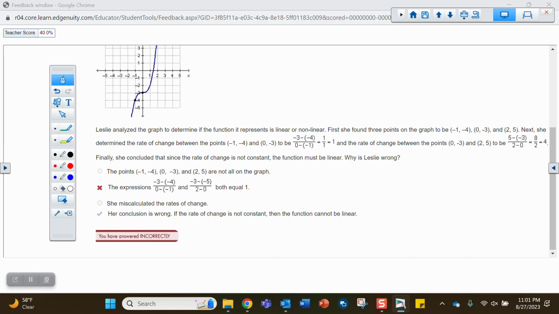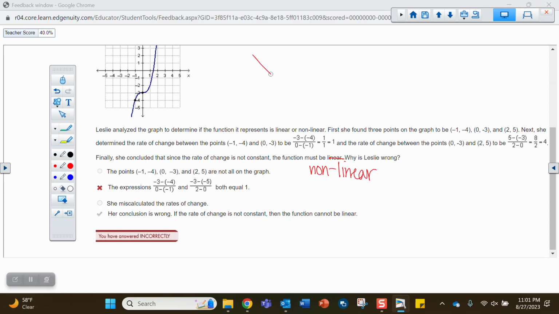She determined the rate of change between the first two to be 1 and the rate of change between the next set to be 4. Finally, she concluded since the rate of change is not constant, it must be linear. That's the exact opposite of what's the truth. If the rate of change is not constant, then it's not linear. The function must be nonlinear if it's not constant.